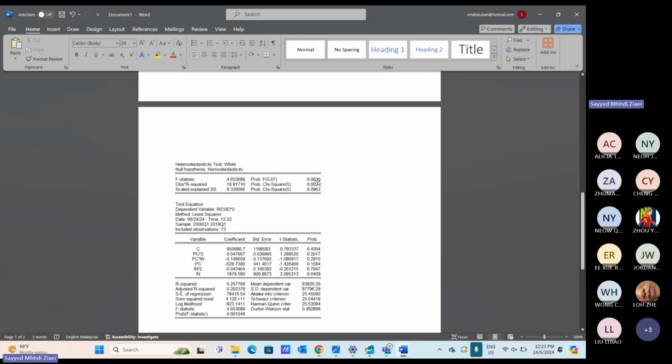You should check here the p-value in front of the F-test. The p-value of the F-test is 0.0010, less than 5%, and the chi-square test is 0.0021. So you need to check these two p-values. Both of them are less than 5%. So when less than 5%, you should reject the null hypothesis. It means the error variance is heteroscedastic. So it means we have a problem of heteroscedasticity.